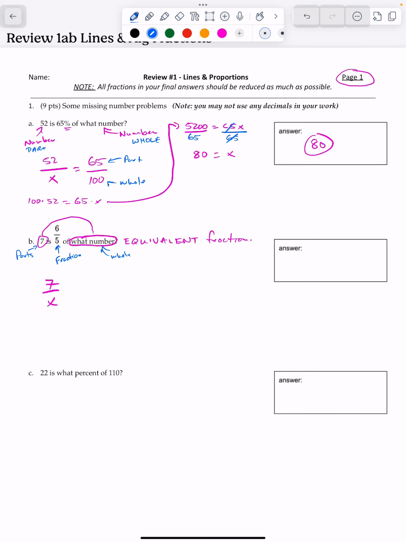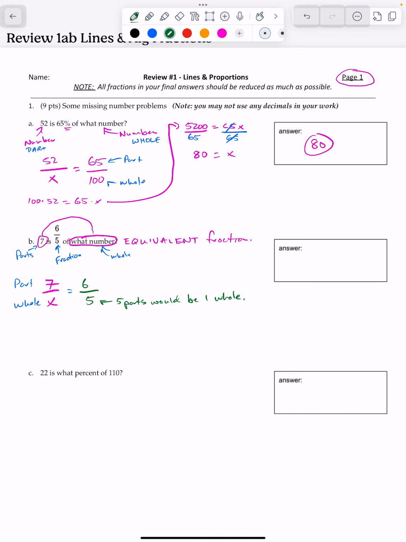Well, in a fraction, so this is part whole, in a fraction, I'm going to do this in green so it stands out. We have 6 parts, 5 parts would be one whole here because we're dealing in fifths.